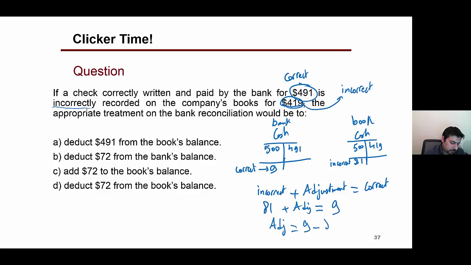The adjustment is needed in order to balance.